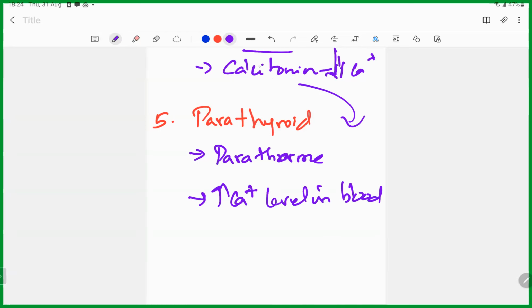Calcitonin decreases calcium ion in the blood, so it increases absorption of calcium by bone. Here, calcium from the bone comes to the blood. Can you understand? So they are antagonistic hormones, parathormone.